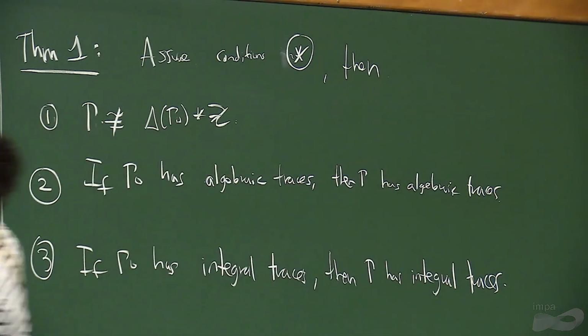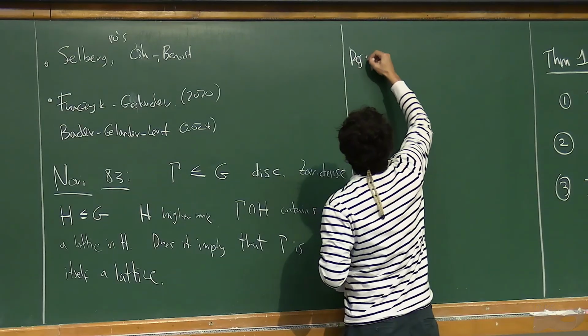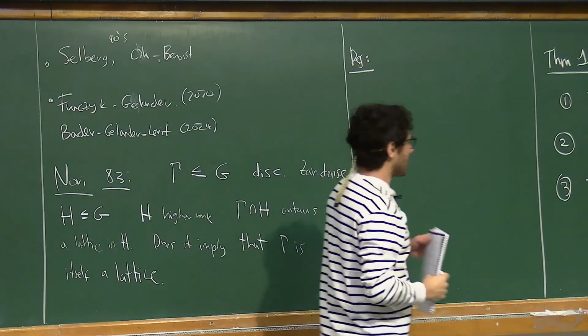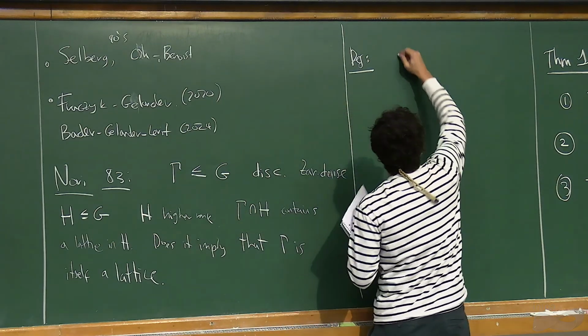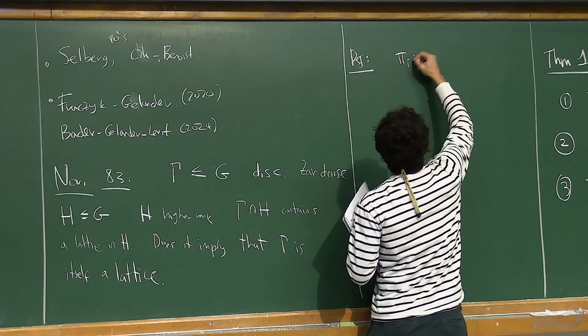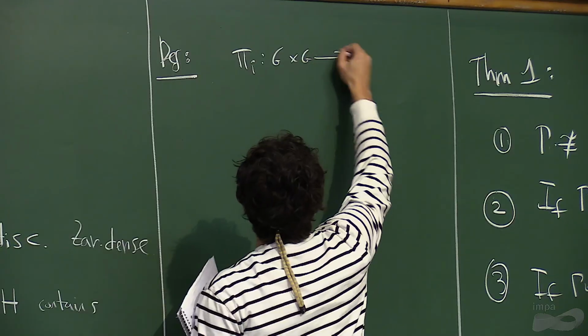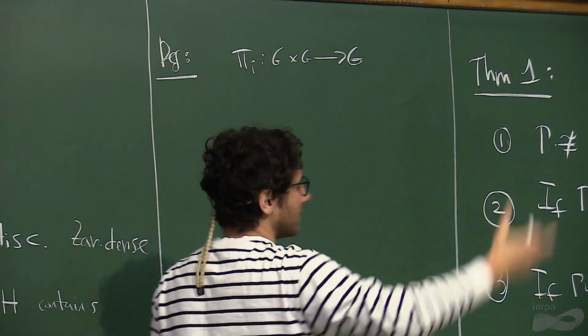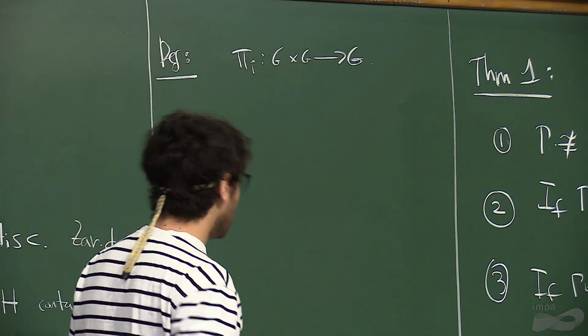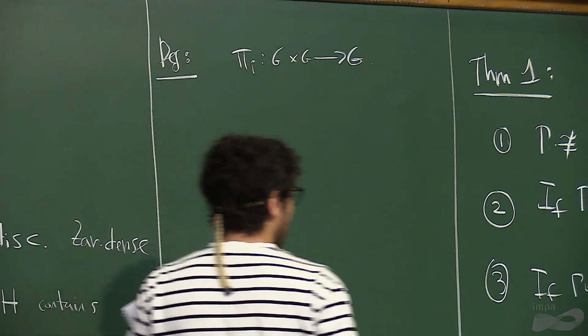Let me give the definition of algebraic traces. You have these two projections from G times G into G, and let's assume this is a linear group, so it lies in some SL_N.